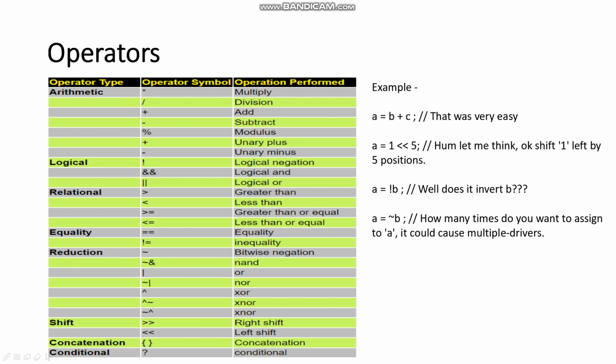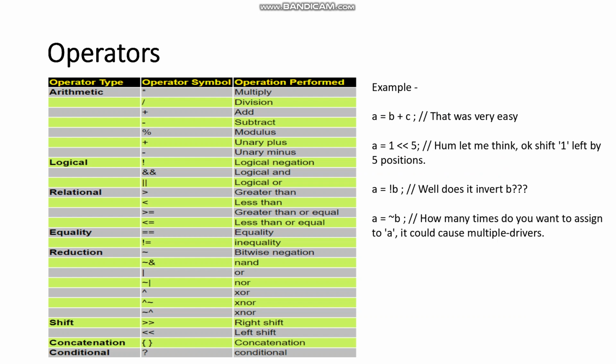For example, a is equal to b plus c is an arithmetic operator. Here I am using the shift operator. In the next one, a is equal to 1 shifted, it means left shift, so I am doing a left shift of 1 by 5 positions.